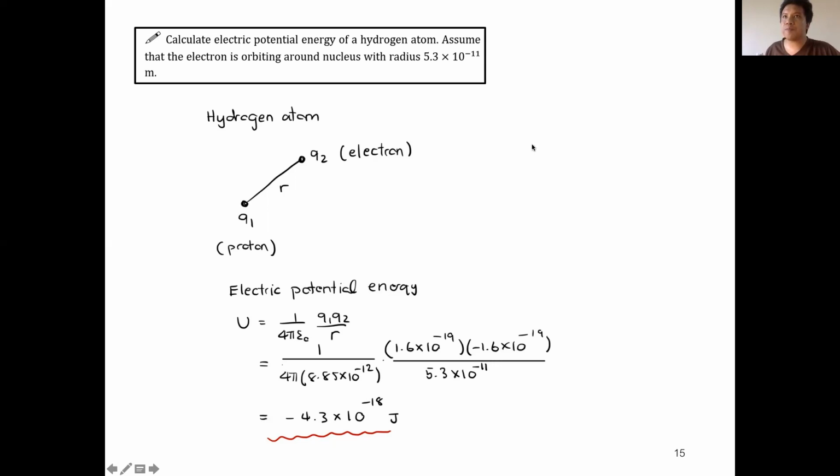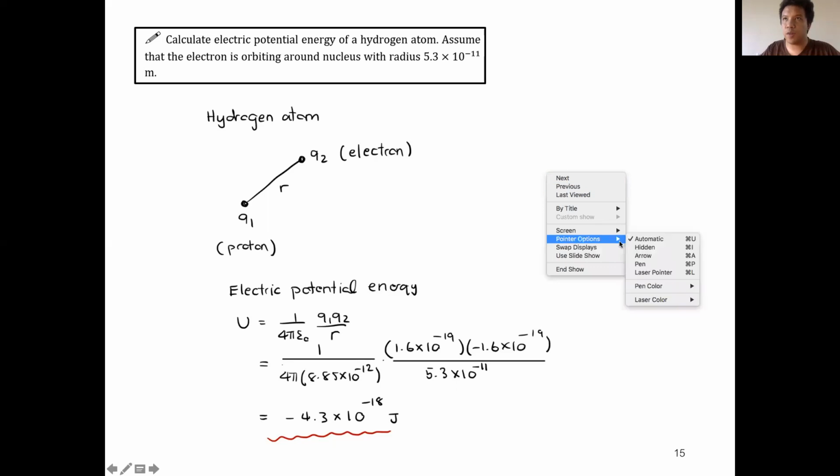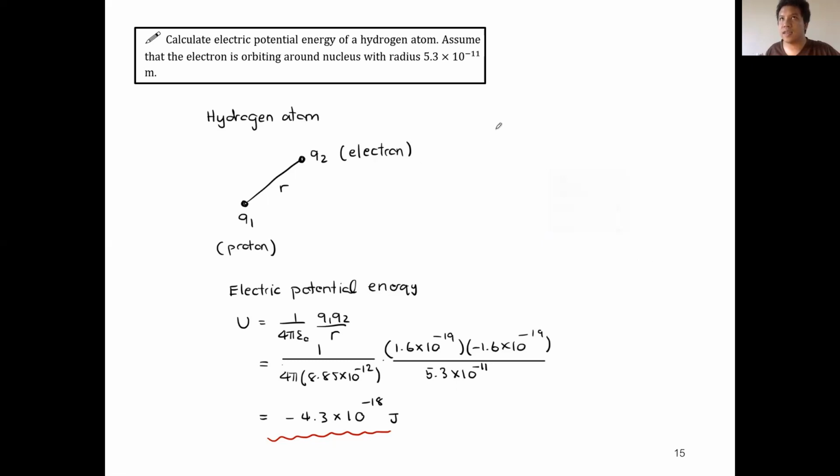So finally we should come up with a system with negative potential energy. We normally see negative potential energy for a system where the particles attract each other, and then they come up with particles that tend to stay together as a group.